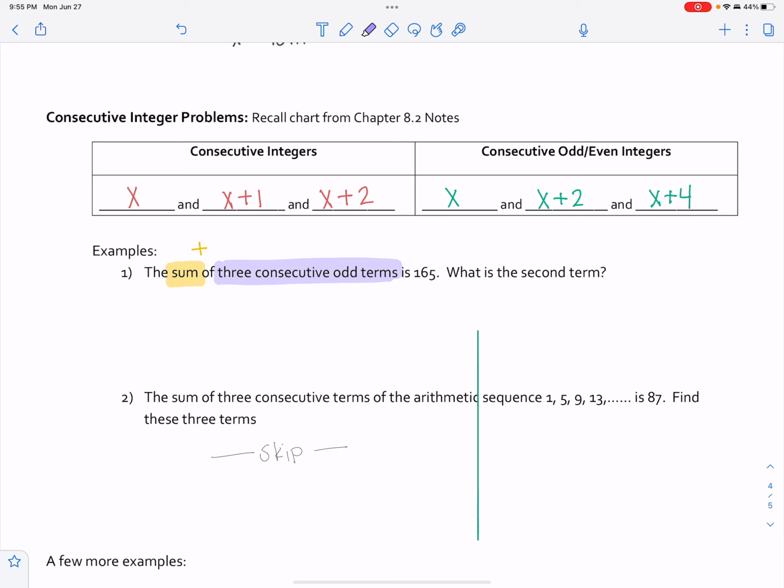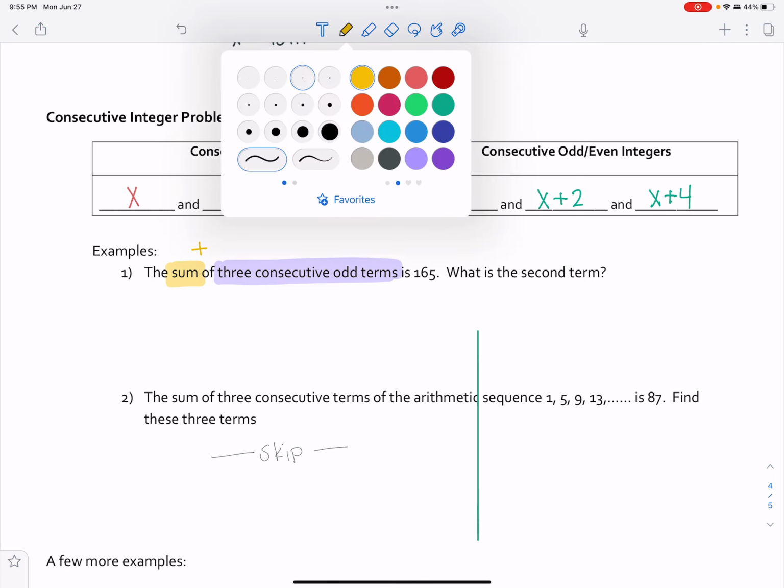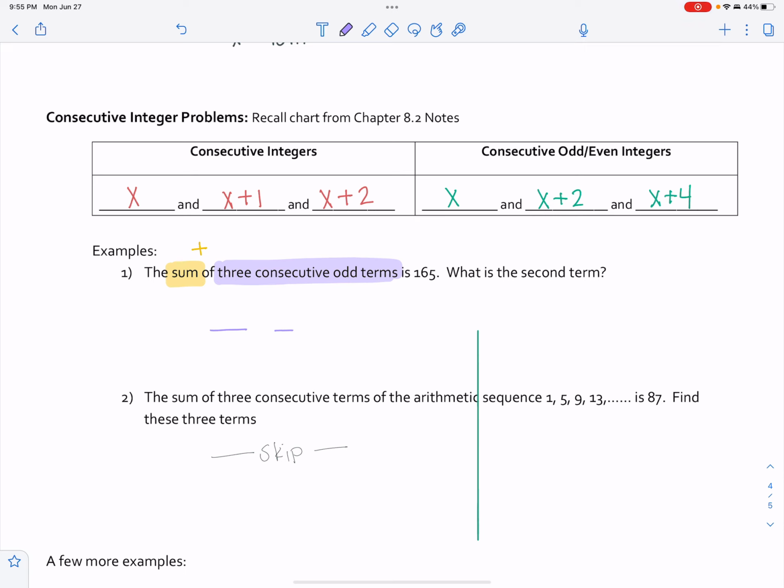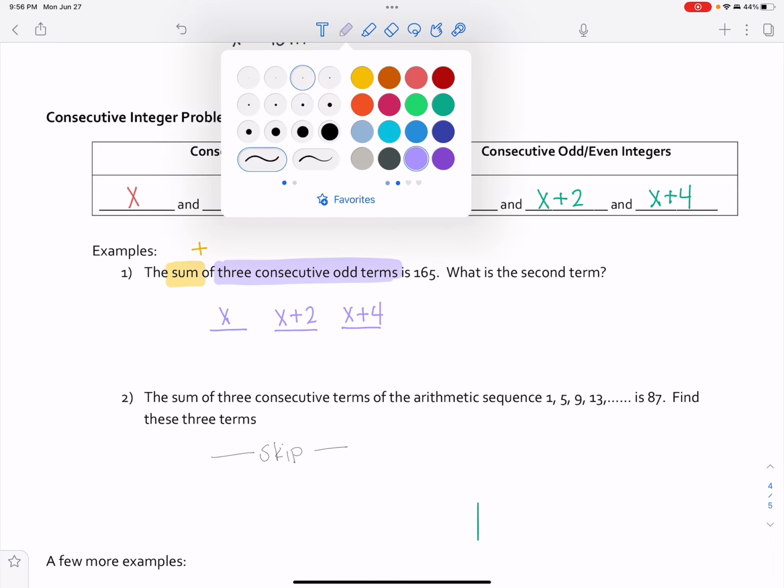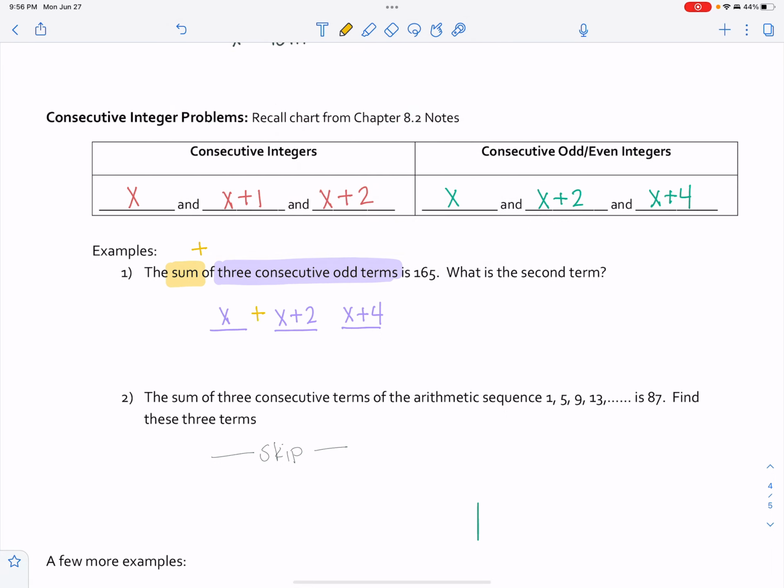So I've got 1, 2, 3 of them, and those 3 consecutive odd integers are going to be x, x plus 2, and x plus 4. Because they're odd, I'm going to use that column. And then it told me that I'm going to sum all those together, or add them all together.